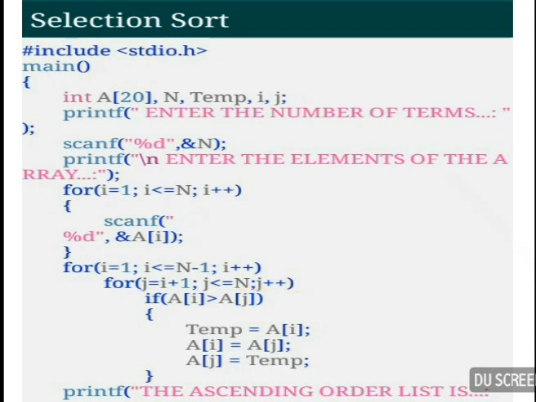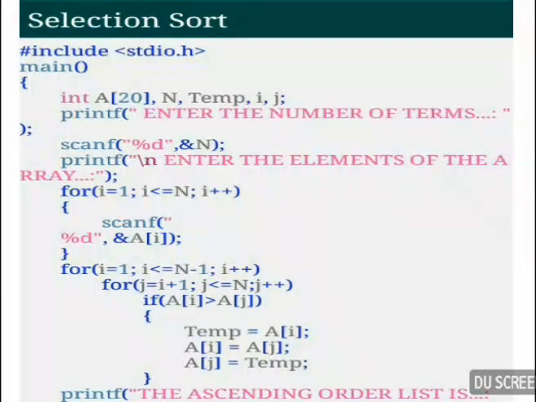Then we put a condition in between them: if a[i] is greater than a[j], then we follow this step. Here temp is an empty place. The value of a[i] goes to temp, and then a[i] becomes empty.